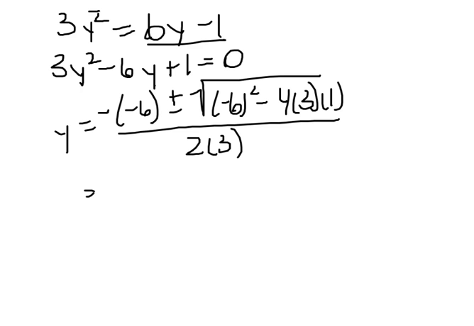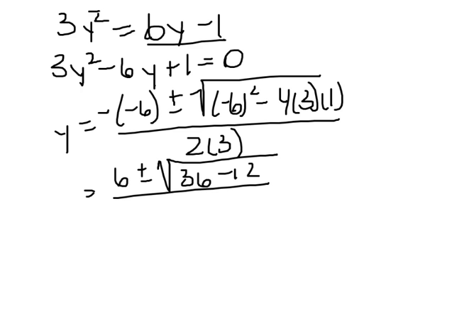So negative 6 is positive 6 plus or minus the square root of 36 minus 12 all over 6, and that equals 6 plus or minus the square root of 24 over 6.